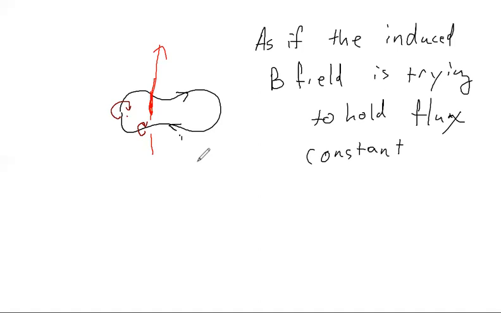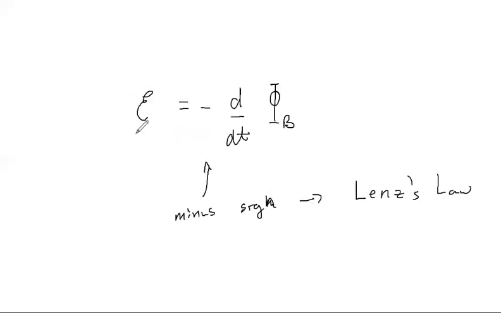Okay, so that's the first observation, and that's the EMF form of Faraday's law. It says that the induced EMF around any closed curve is related to the time rate of change of magnetic flux through that same curve.